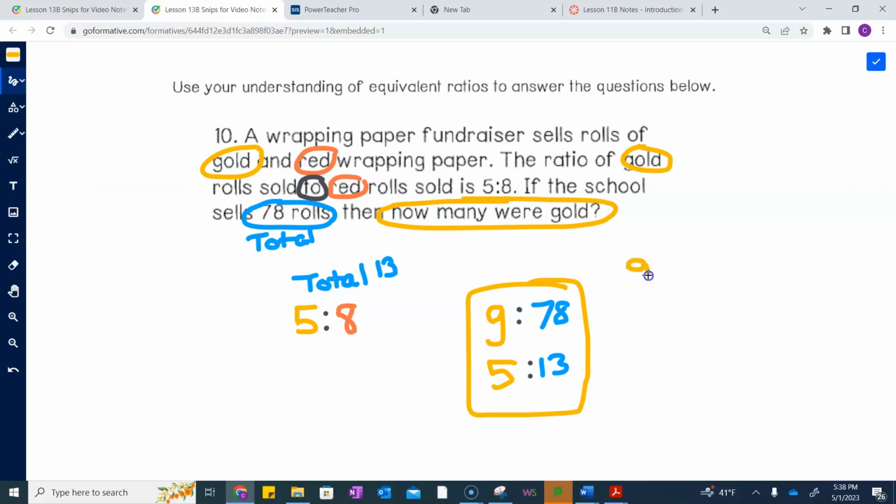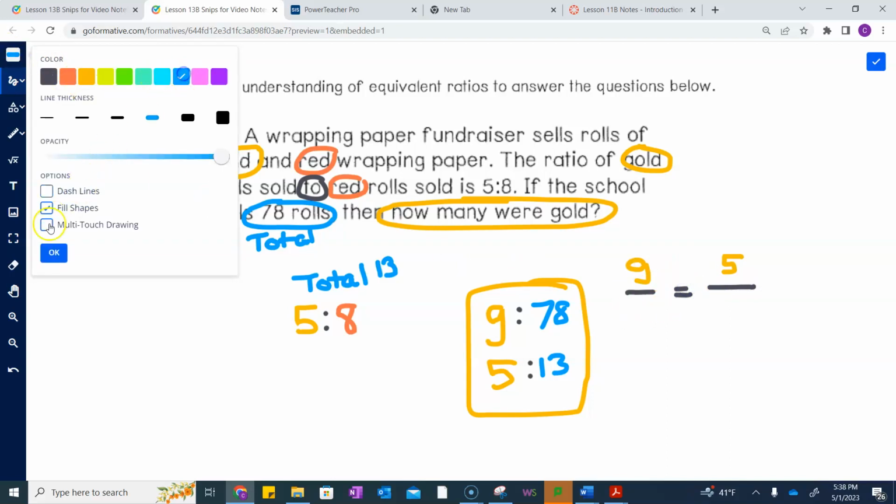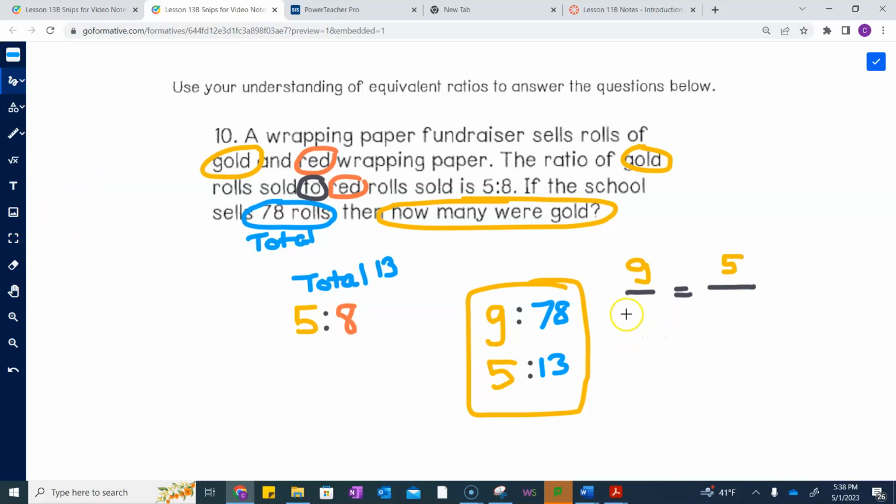So it's G and 5. I'm going to set them up as fractions. We could have done that from the get-go too. And then it's 78 to 13.